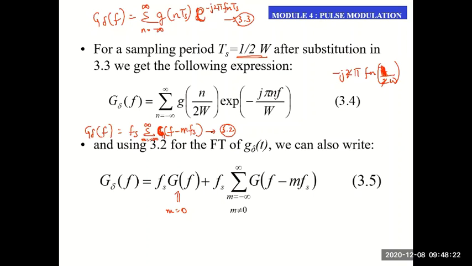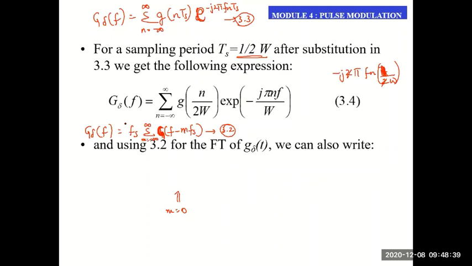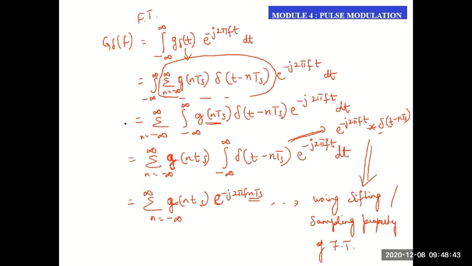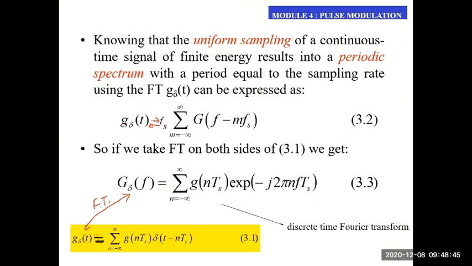See, in equation 3.2, which we have shown here, G of f... Ma'am, equation 3.2 is for g delta of t, not g delta of f. No, this is g delta of f only, right? No, 3.2 is g delta of t. One second. No, this is g delta of t, and these are Fourier transform pairs.